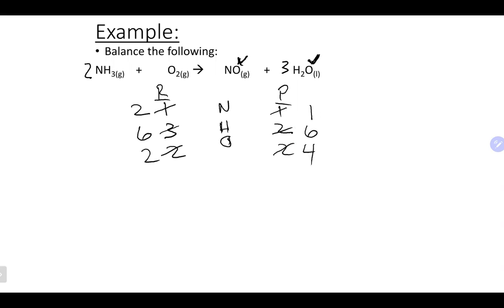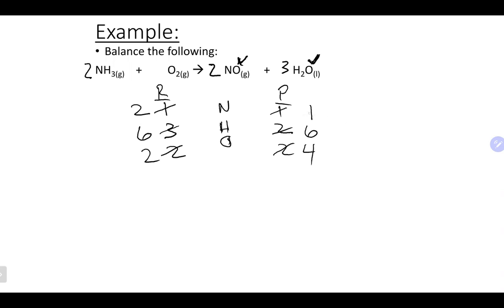So we successfully fixed hydrogen, but kind of screwed up everything else. So the next probably easiest thing to fix, as we can see from this table, is the nitrogen. Nitrogen is in one thing on the right, oxygen's in a couple of things going on over there. So very simply, we could fix the nitrogen by putting a 2 over here.